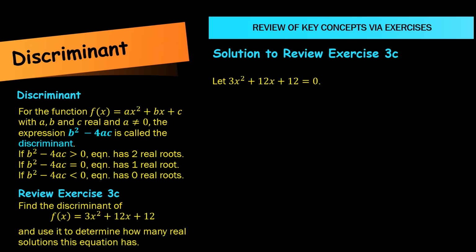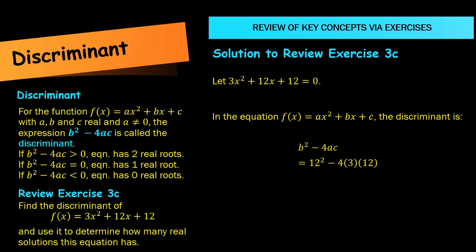In the equation f of x equals ax squared plus bx plus c, the discriminant is b squared minus 4ac, which equals, in our example, 12 squared minus 4 times 3 times 12. Tidying up gives us 144 minus 144, which is of course equal to 0. Therefore, the equation has one repeated root, as shown.